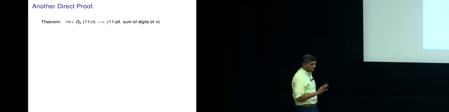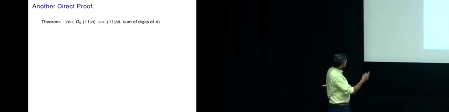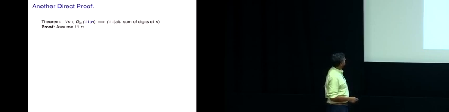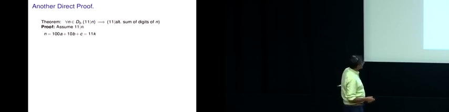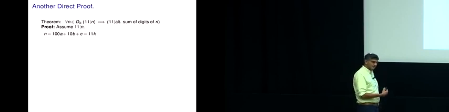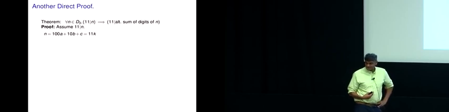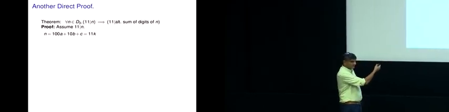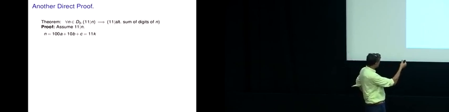But okay, why? In some sense, in this case, the proof is basically the same. So you start with 11 divides N, right? So you start with N, and then you rewrite it as these digits, because we're targeting something about the digits. So we write N in the form of its digits, 100 times the hundreds place value, and so on.